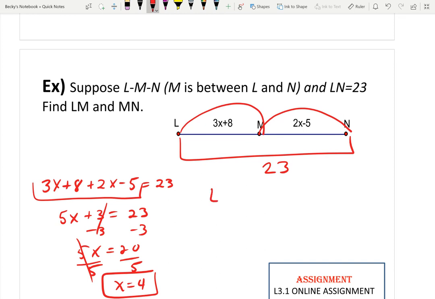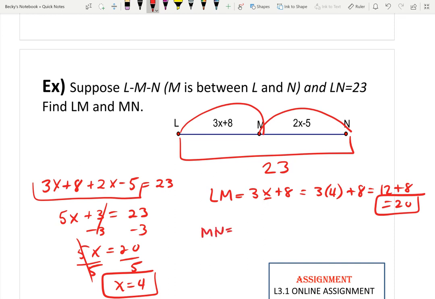Okay, so LM is 3x plus 8. So I need to do 3 times 4 plus 8. And x, remember we just found x, I replaced it. So 12 plus 8 is 20. Okay, so let's find MN. And the equation is 2x minus 5.